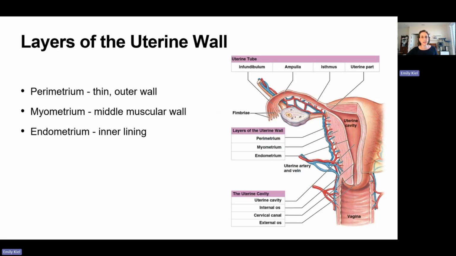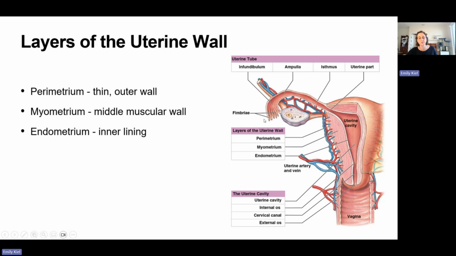So let's look at the layers of the uterine wall. We've got the perimetrium, which is this thin outer wall here. We have the myometrium, which is this middle muscular wall, and then the endometrium is the inner lining here. We're seeing the different portions of the uterine tube.